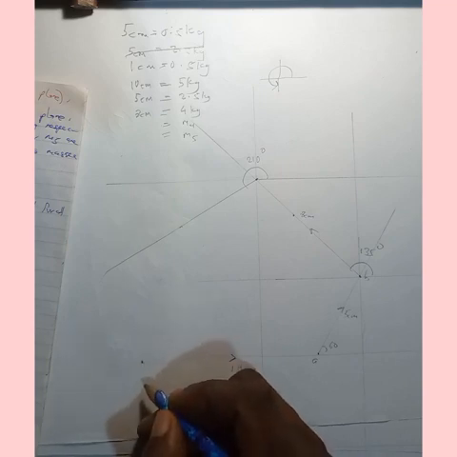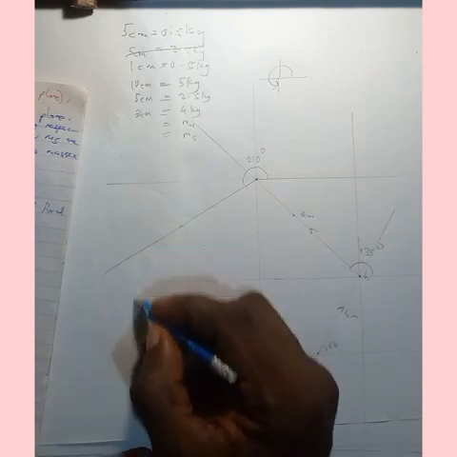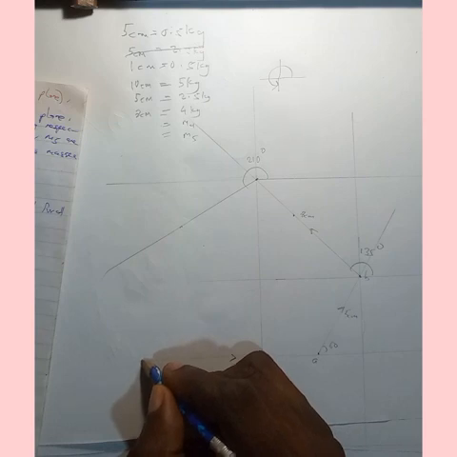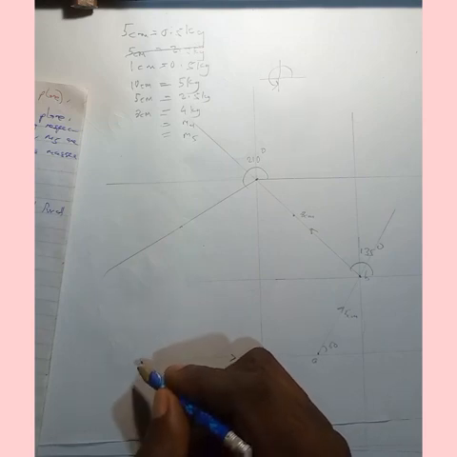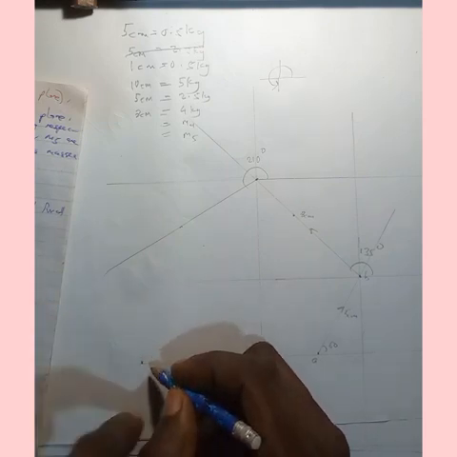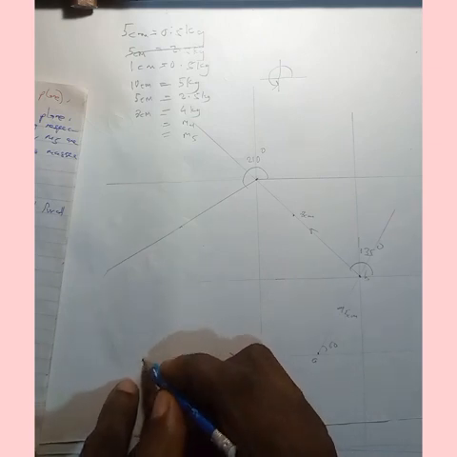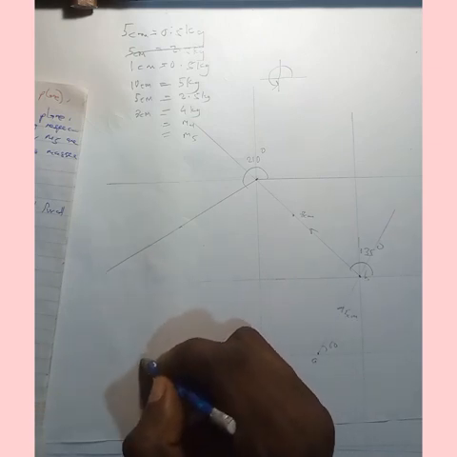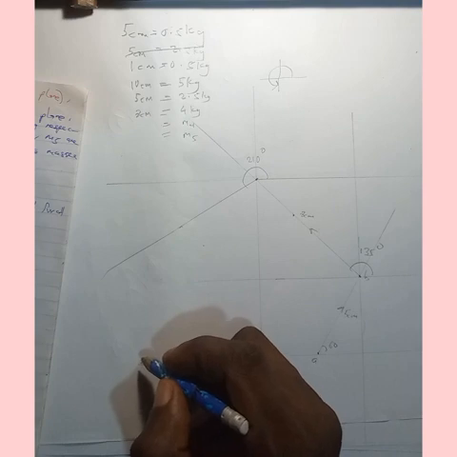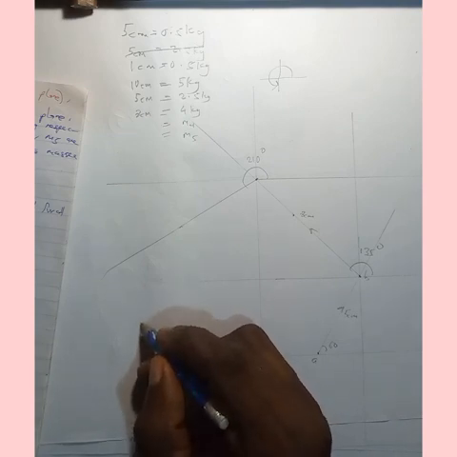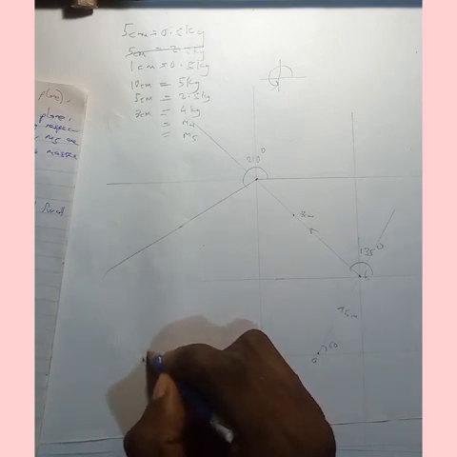So automatically you know that the last mass is going to close at this point, and here we are going to have 90 degrees.